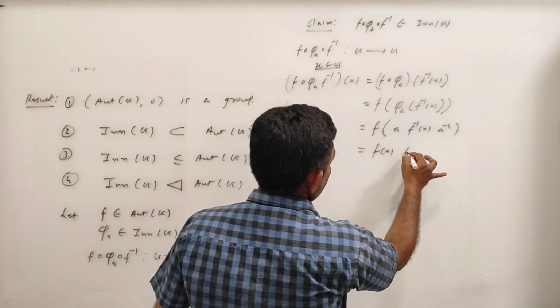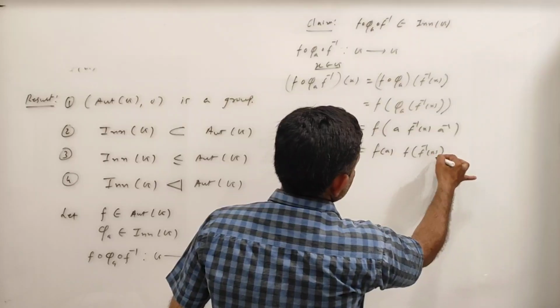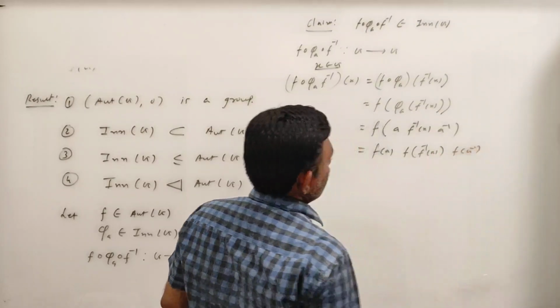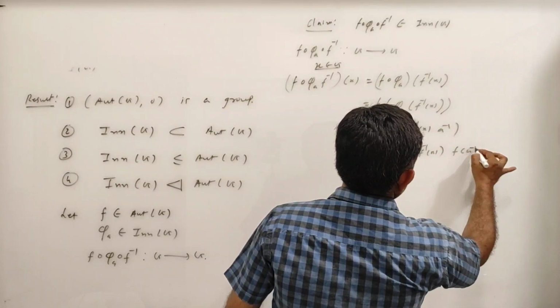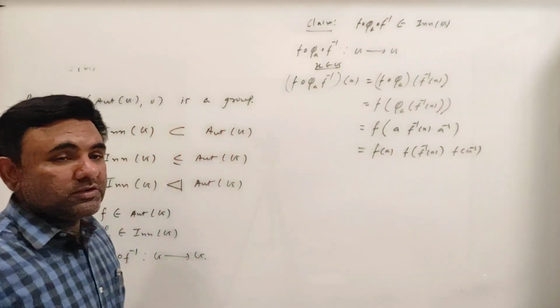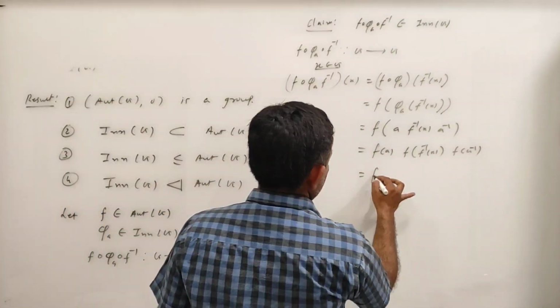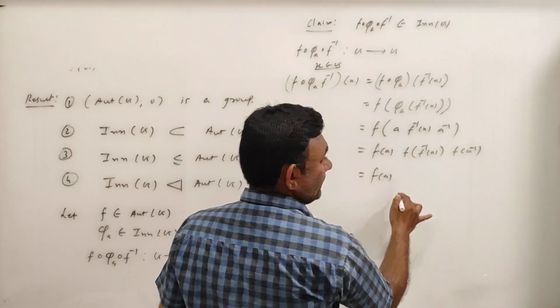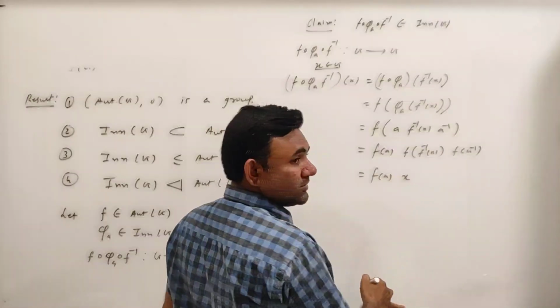So it is f a, f of f inverse x, and f a inverse. F of f inverse is identity, so it is x.